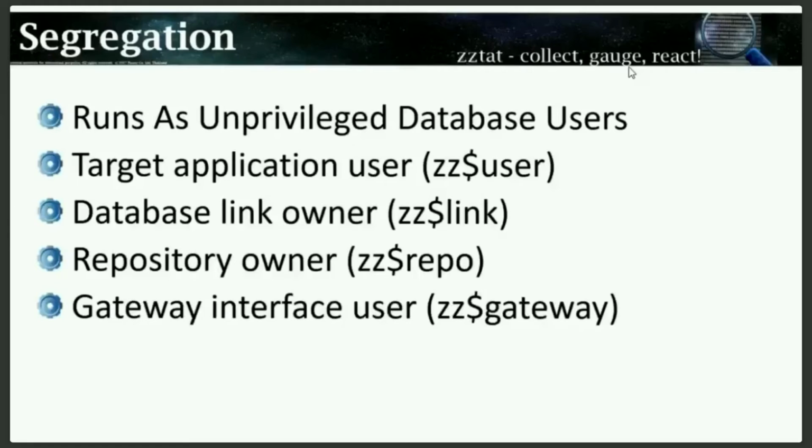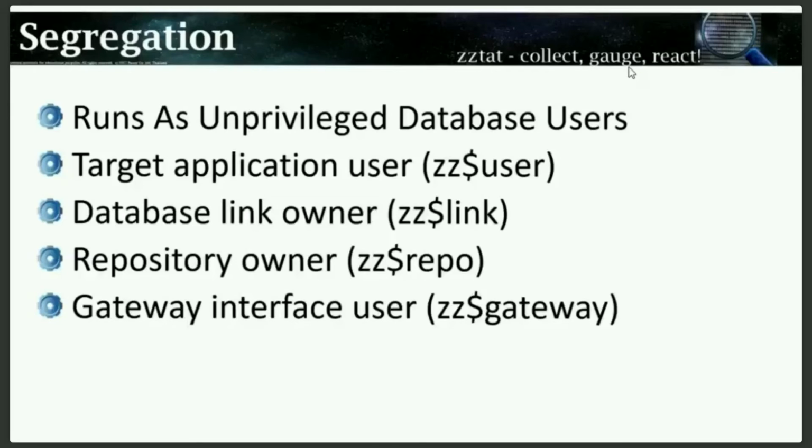It's fully dynamic. And these two users are also fully separated. So the database link owner is really the only account that owns the database link, and it has very, very limited objects and privileges.